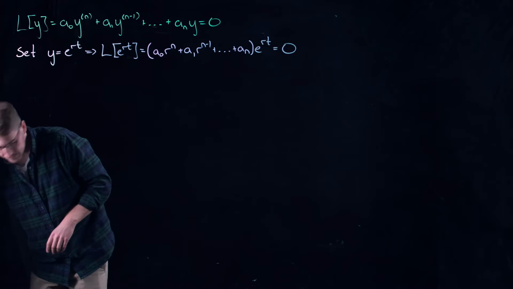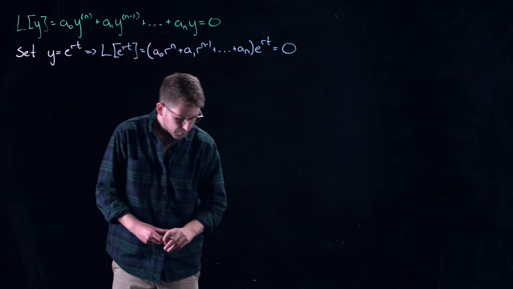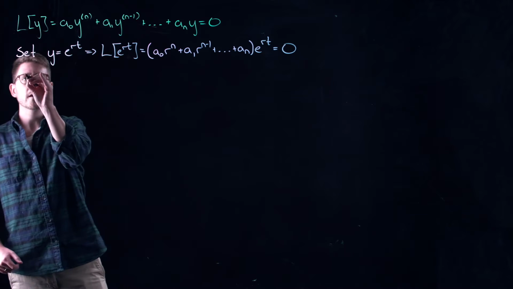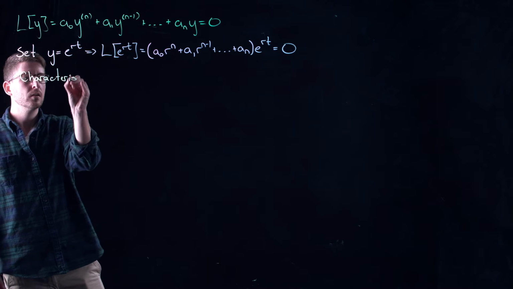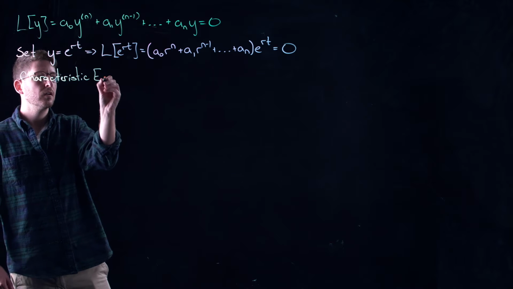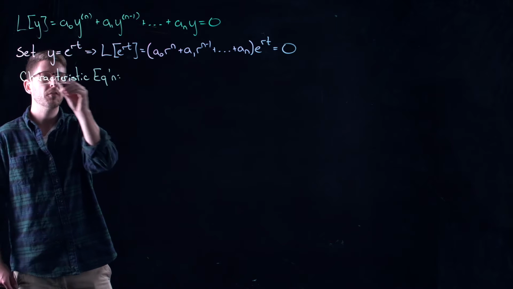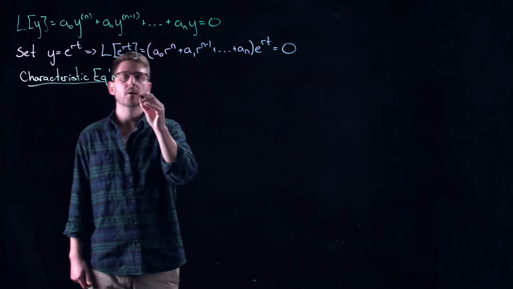And so, just like what we had before, we get a characteristic equation, and that is, of course, solving this polynomial equal to 0.